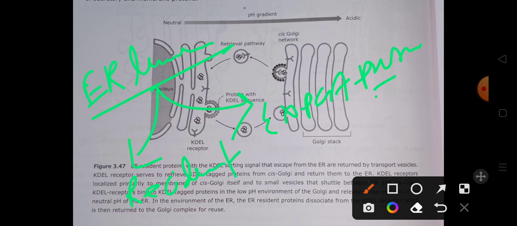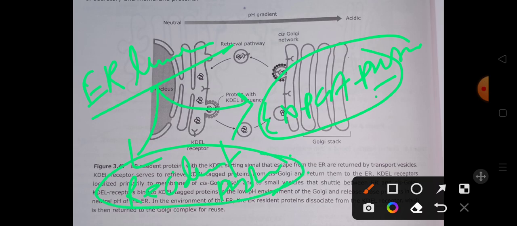So the question is how the transport vesicles, as well as the cell, recognize export proteins from resident proteins and transfer them from ER to Golgi instead of those resident proteins. And if somehow the resident proteins are transferred to the Golgi by mistake, then how can they be retrieved?